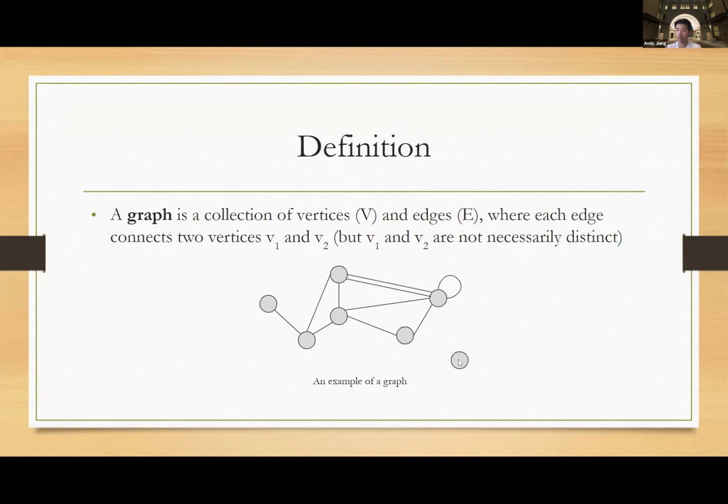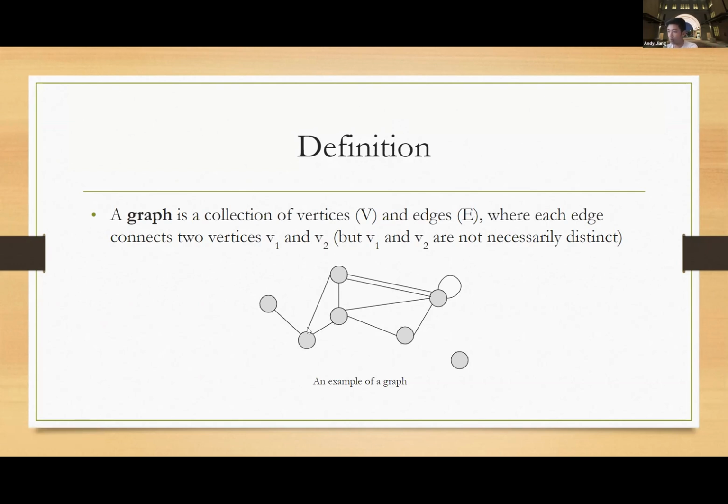Also, edges or vertices don't always have to be connected with the other vertices. So this is a vertex that's disconnected from the rest. Here's a definition that I actually left out from the presentation, but I think it might be pretty important to know. A connected component is a set of vertices and edges where you can go from any vertex to any other vertex in the connected component.